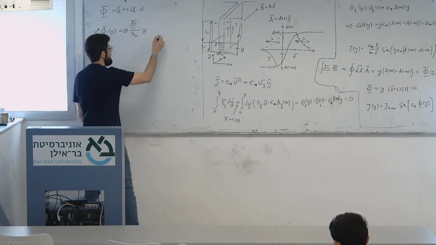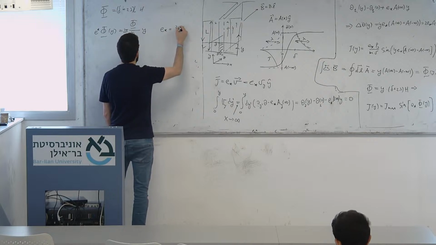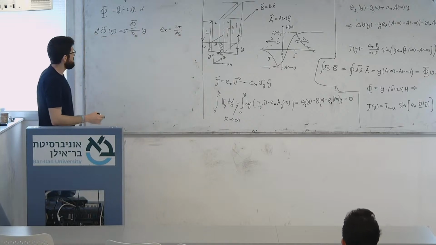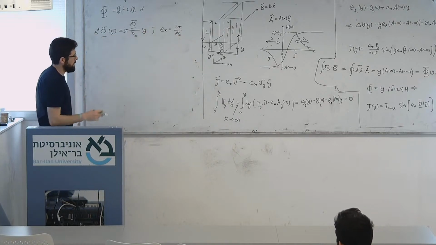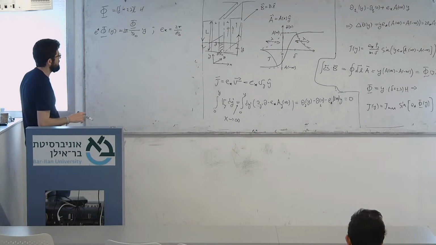Right, in my units, e star is equal to 2 pi over phi naught, because h bar is equal to 1 and c is equal to 1 and all these constants.